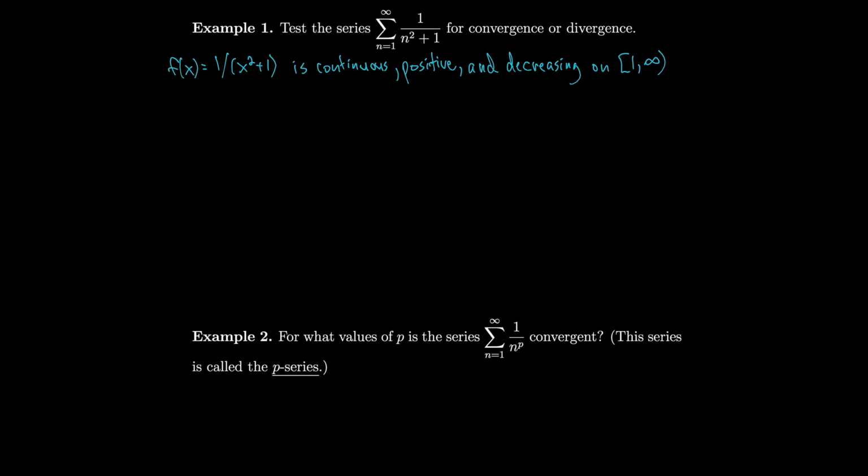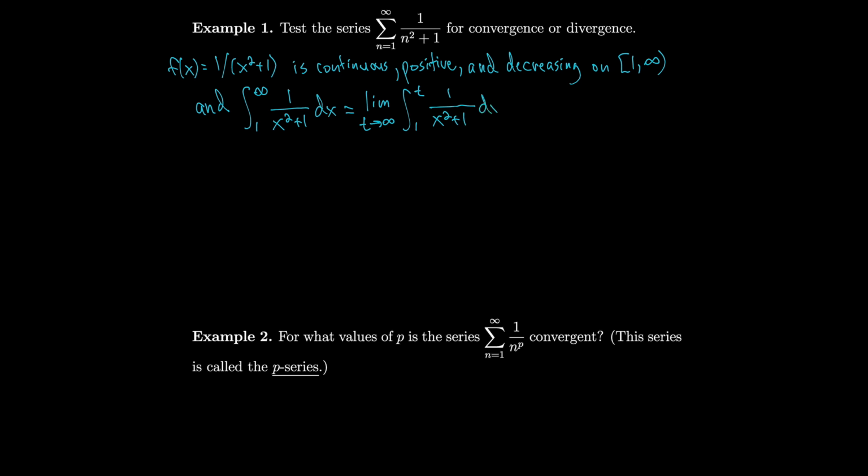So let's also take a look at our integral. We need our other condition where something happens to our integral. And we'll take a look at 1 over x squared plus 1 dx as we integrate from 1 to infinity. So remember that for improper integrals, we're taking the limit as some other variable goes to infinity, where we insert that variable instead of infinity.